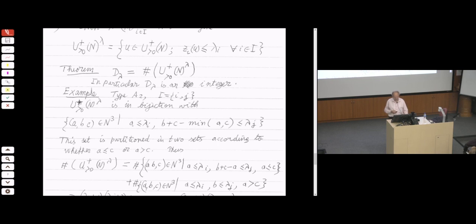So actually this number can be decomposed into two parts, depending on whether a is less than c or bigger than c. If a is less than c, then the condition is b plus c minus a is less than lambda j. And if a is bigger than c, then just b is less than lambda j.